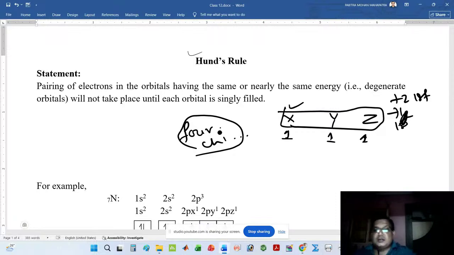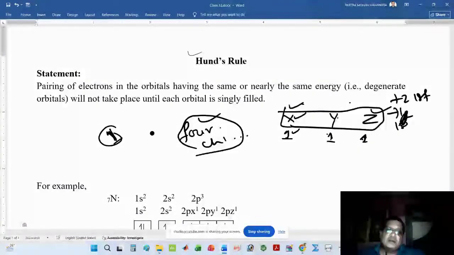Every child should get one chocolate. So I will give one to X, the second to Y, the third chocolate to Z. Again, one chocolate remains. Among the four chocolates, I will give three chocolates to three students. The remaining chocolate, whom will I give it to?